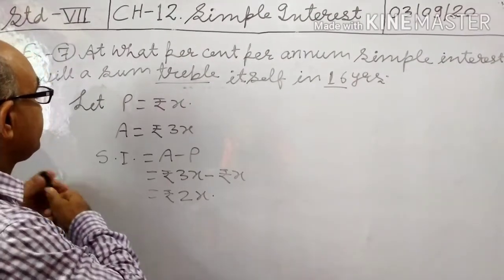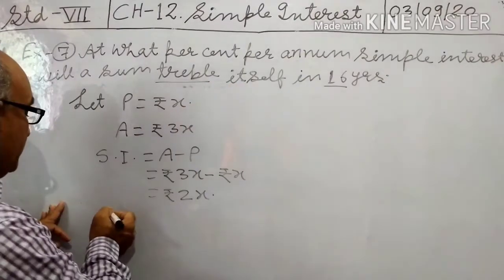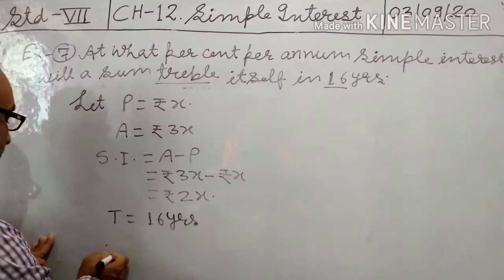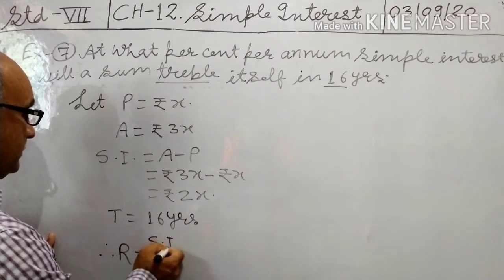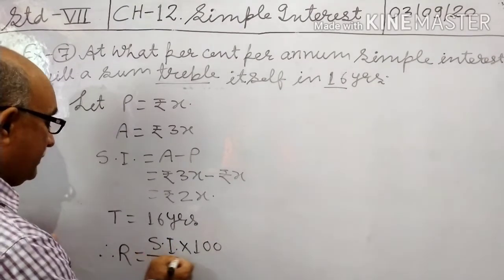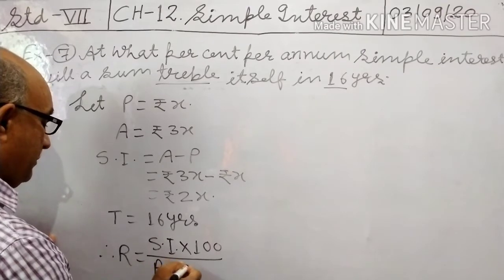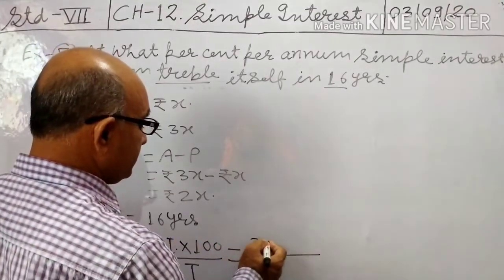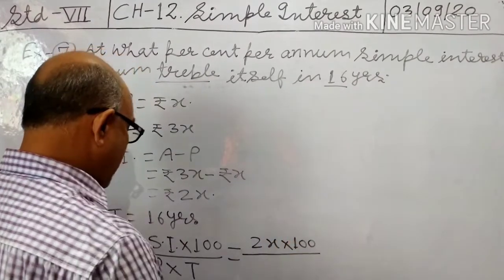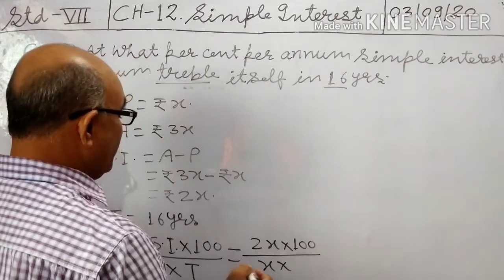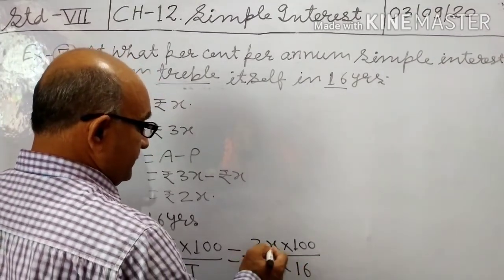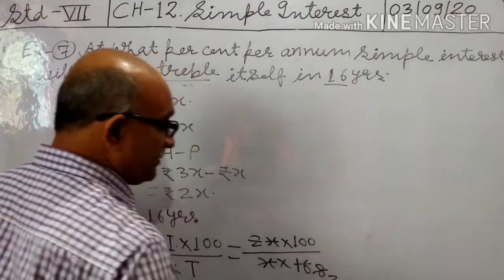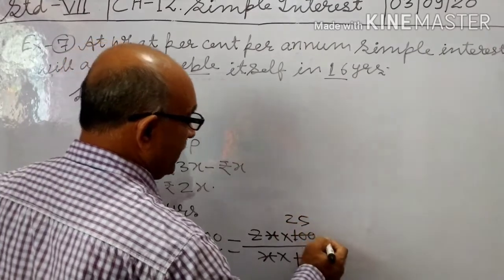Now given T equal to 16 years. So find R equal to SI into 100 by P into T, equal to SI 2x into 100 by P x into T 16. x and x cancel. 2 eights are 16. 2 fours are 8 and 25 fours are 100.